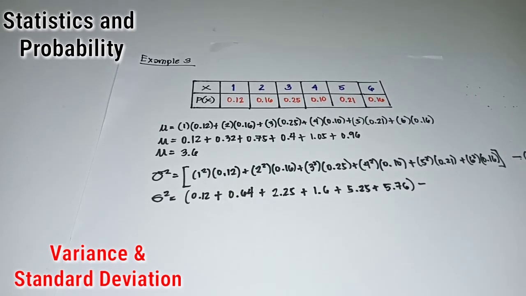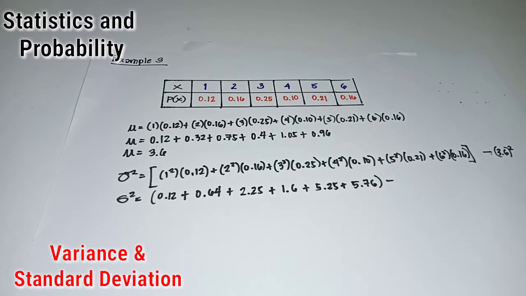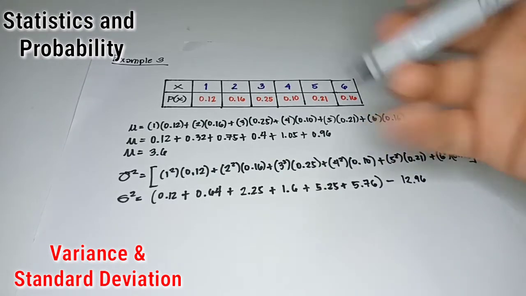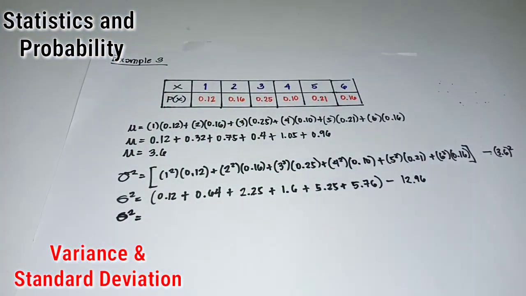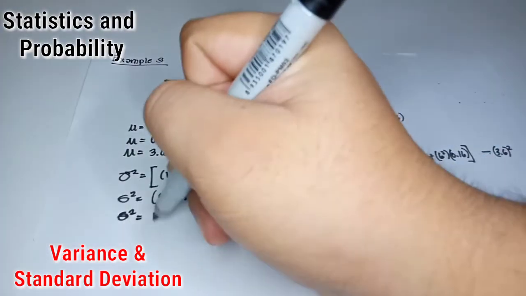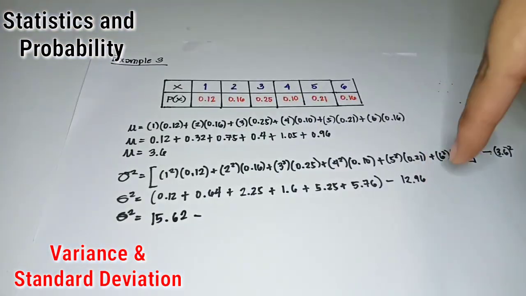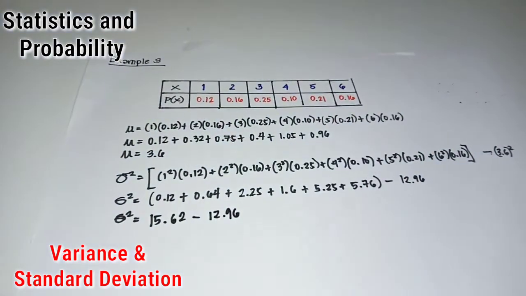Minus the mean squared, that's 3.6 squared, which is equal to 12.96. After this, you just have to add it all: 0.12 plus 0.64 plus 2.25 plus 1.6 plus 5.25 plus 5.76, you'll get 15.62 minus our squared mean, which is 12.96.